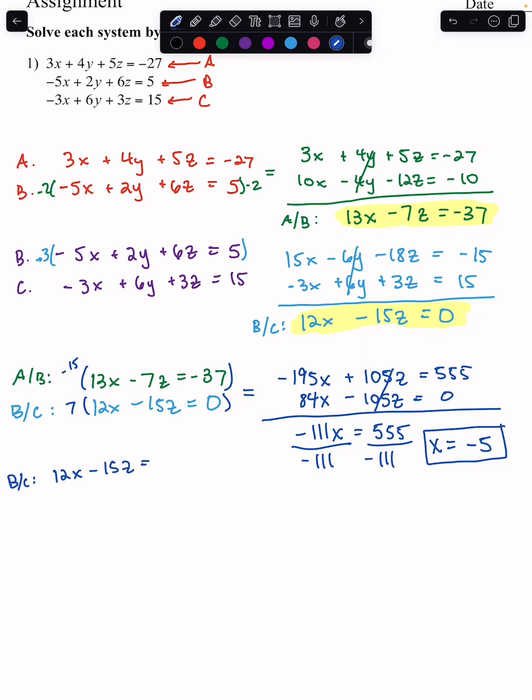I'm going to put this 12, and then negative 5, minus 15z equals 0. 12 times negative 5 happens to be negative 60. Minus 15z equals 0. I'm going to add 60 to both sides.